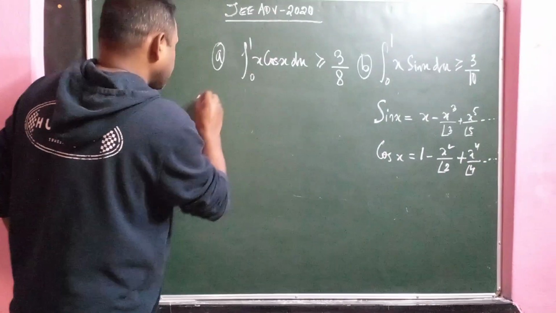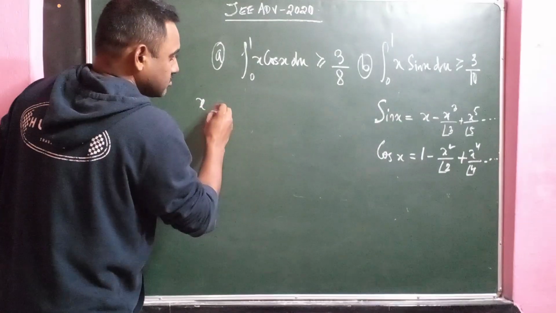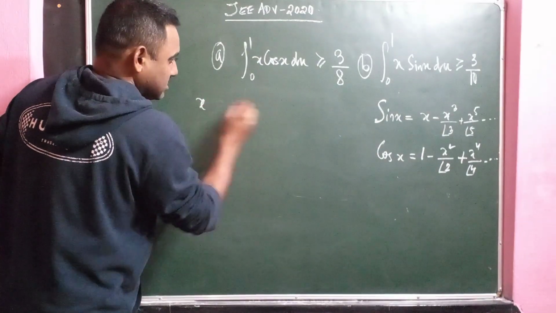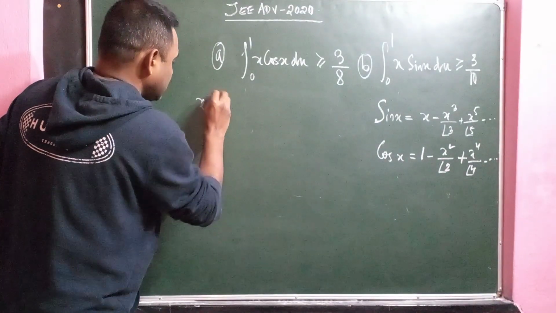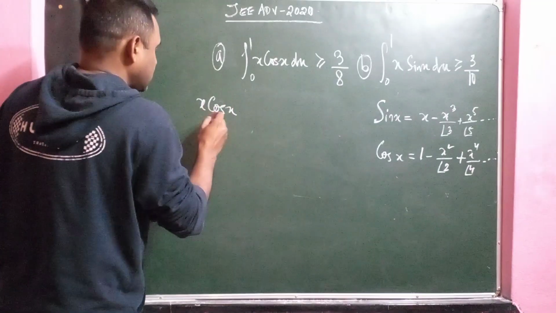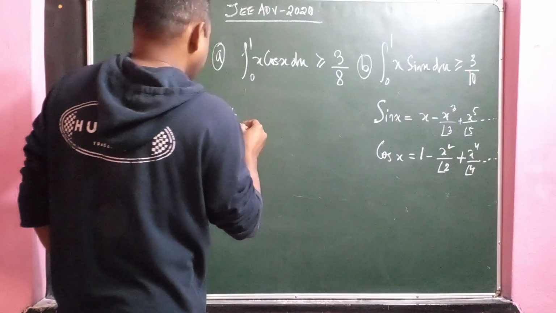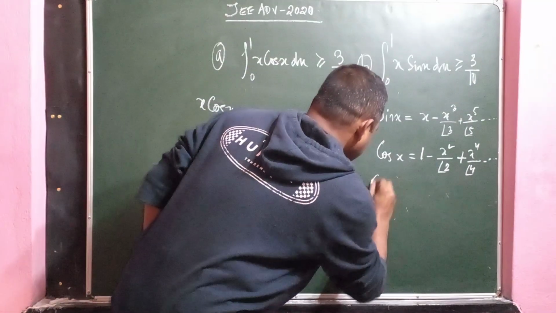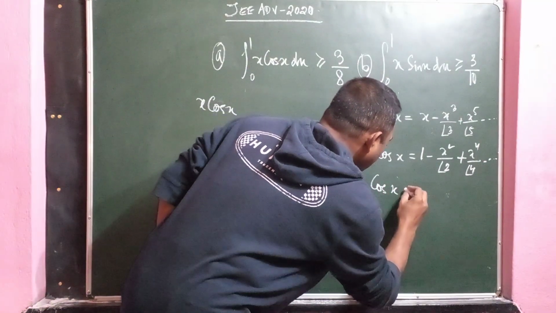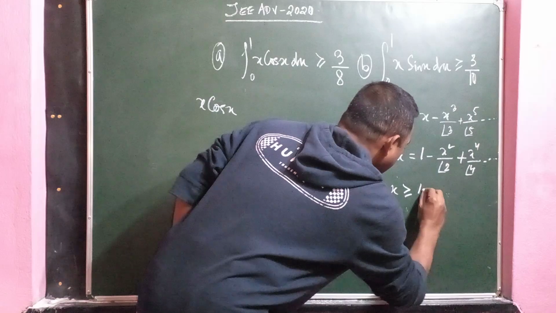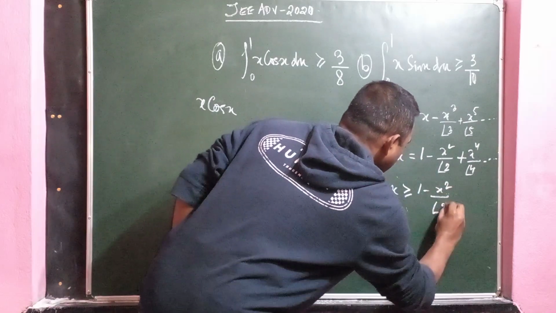Now here, x cos x is basically this one, right? So that means cos x will always be greater than equals to 1 minus x square by factorial 2.